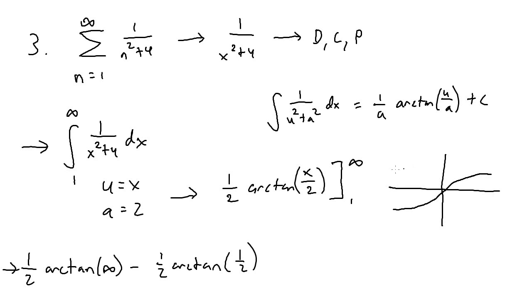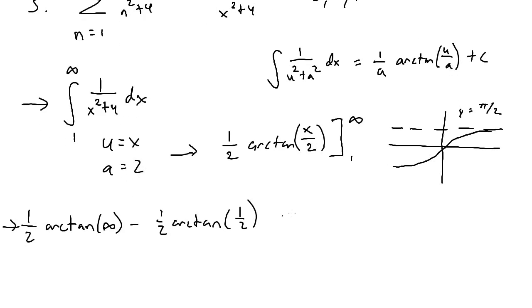And so as the x values increase without bound, it reaches a horizontal asymptote of y equals pi over 2. So arctangent of infinity is going to be pi over 2, so 1/2 times pi over 2 minus 1/2 times arctangent of 1/2.